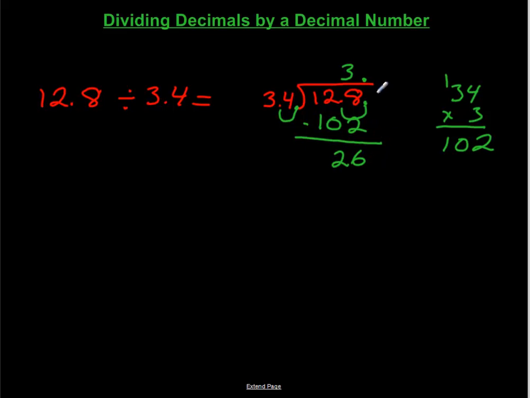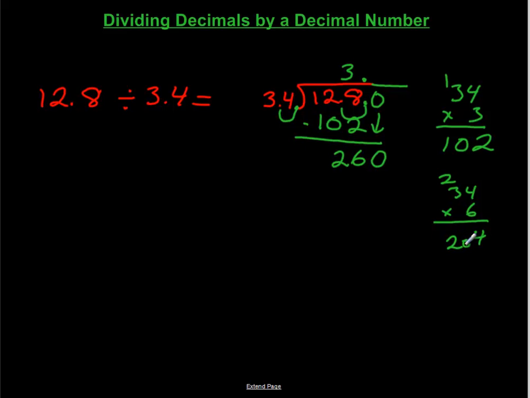But now I want to add a 0 here because I've got to take it to 2 decimal places. So I'm going to bring down a 0, and I'm going to look at this as if it's 260. So 34 into 260. Well, if 34 times 3 is 102, what if we did 34 times 6? 6 times 4 is 24, carry my 2. 6 times 3 is 18, plus 2 is 20.